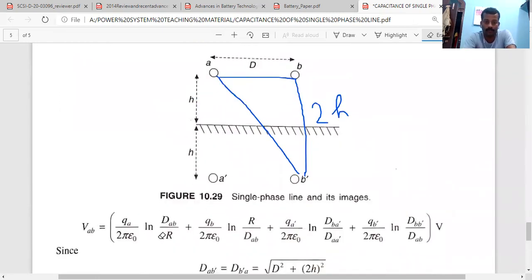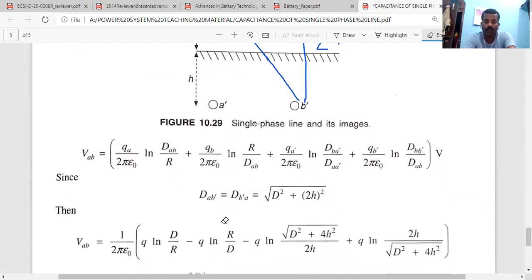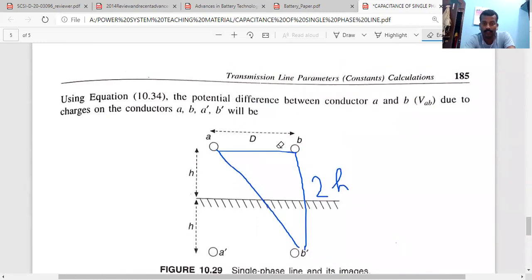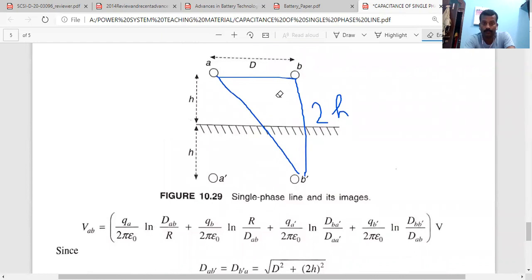And there will be four terms. This is 1, 2, 3, 4, and this is the voltage produced due to charge A. That will be equal to QA upon 2 pi epsilon ln DAB by r. We have seen above. Now, the total voltage due to B will be this one.